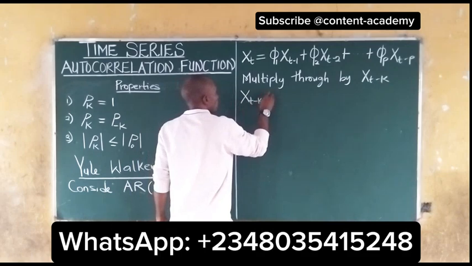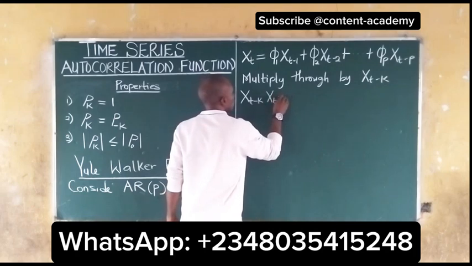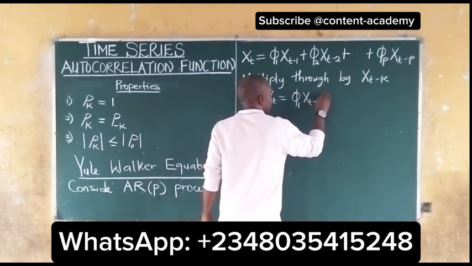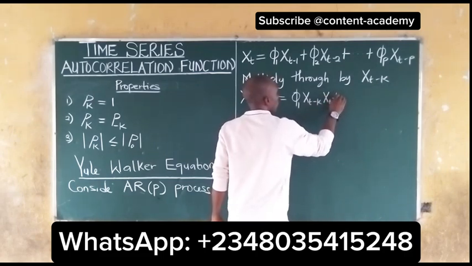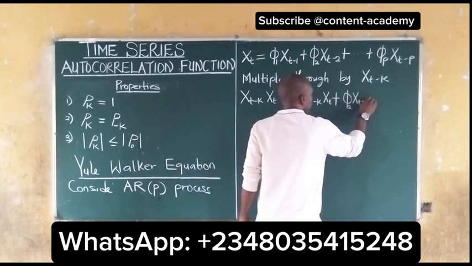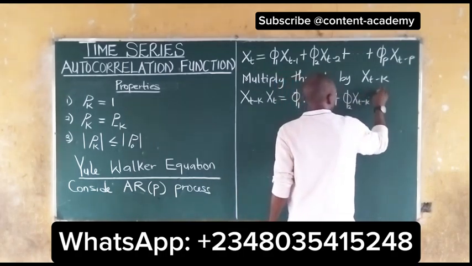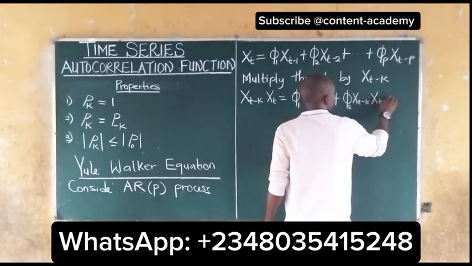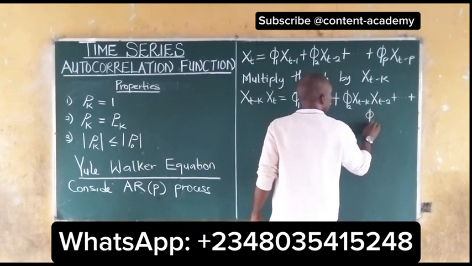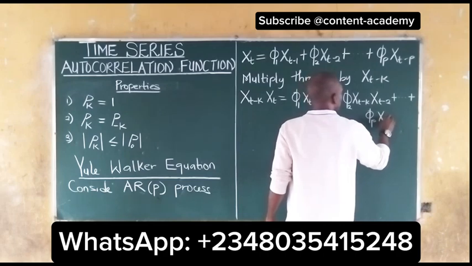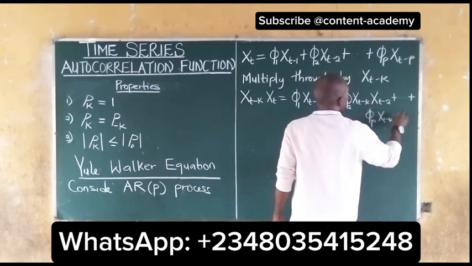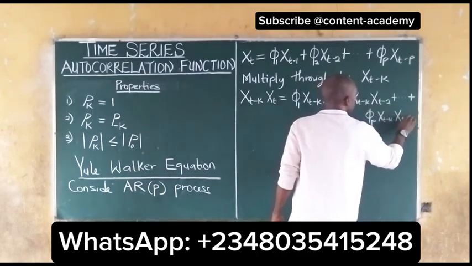x t minus k multiplied by xt is equal to phi 1 x t minus k multiplied by x t minus 1, plus phi 2 x t minus k multiplied by x t minus 2, plus phi p x t minus k multiplied by x t minus p.